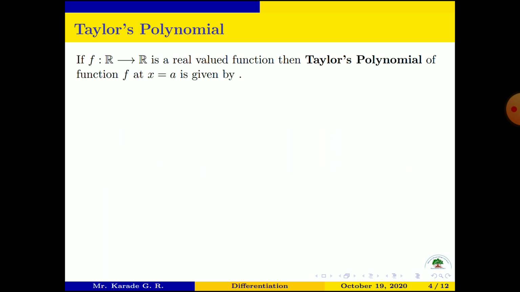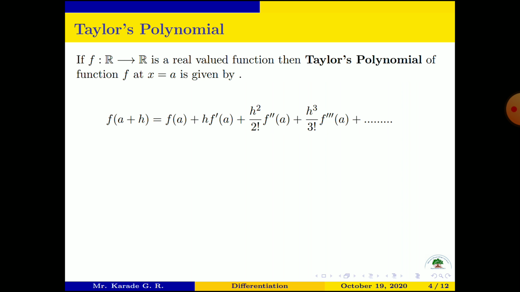So we know the Taylor's polynomial. If f is a real valued function from R to R, then the Taylor's polynomial of function f at x is equal to a is given by f of a plus h is equal to f of a plus h into f dash of a plus h square upon 2 factorial into f double dash at a plus h cube upon 3 factorial into f triple dash at a plus dot dot dot.